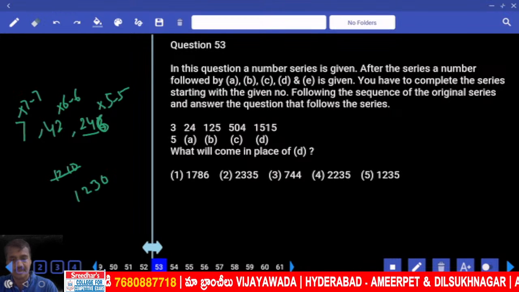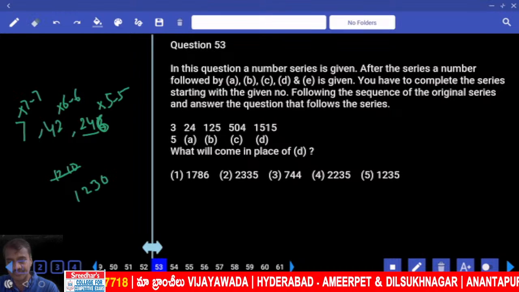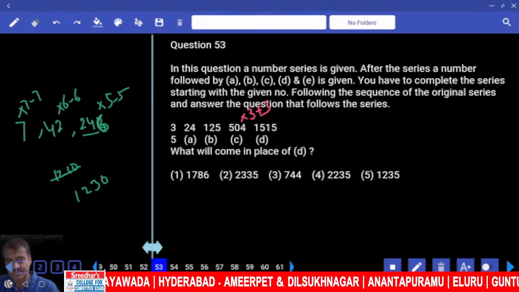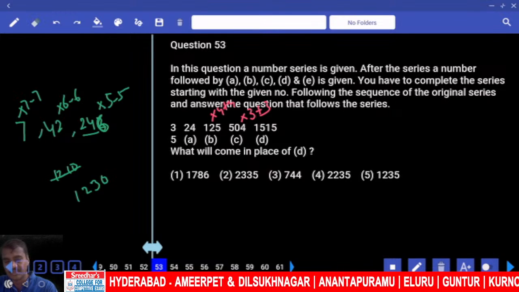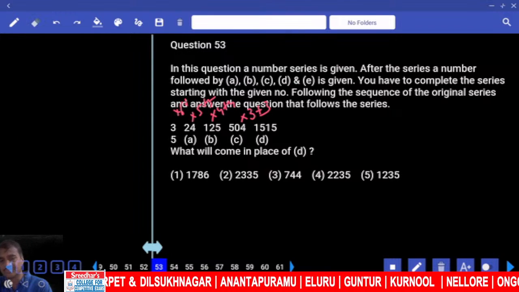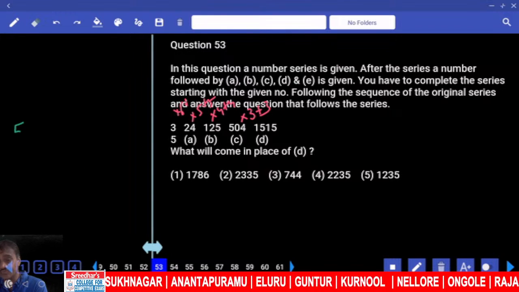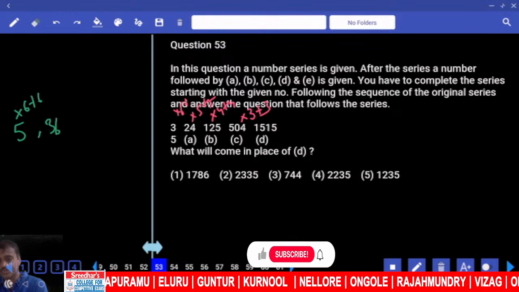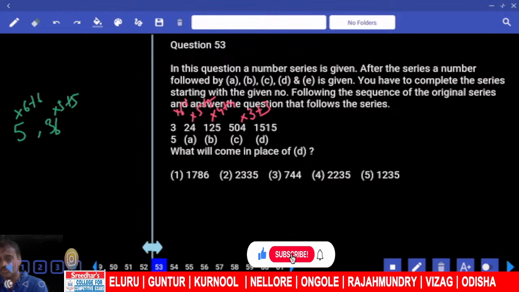Then 53. Now in this 53, 504 to 1500. Now this is into 3 plus 3, then into 4 plus 4, then into 5 plus 5, into 6 plus 6. Again starting with 5: 5 into 6 plus 6 is 36. Now 36 into 5 plus 5 is 185.